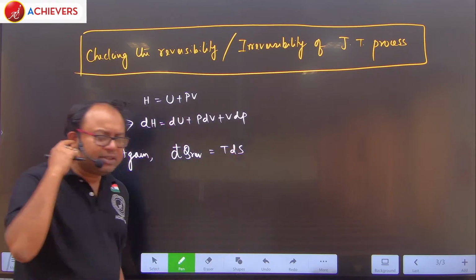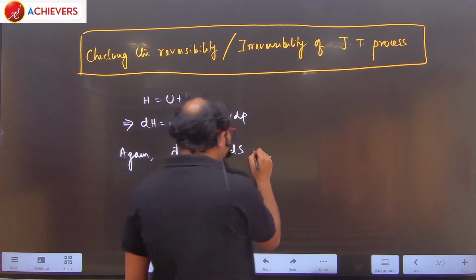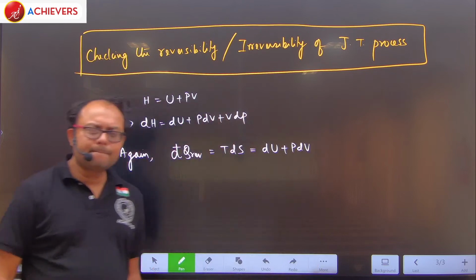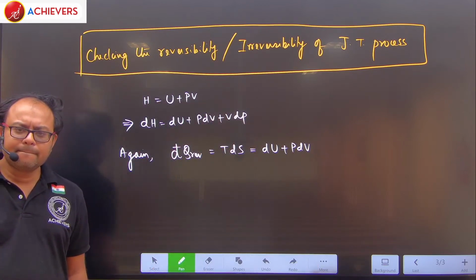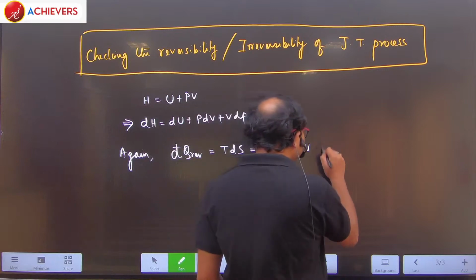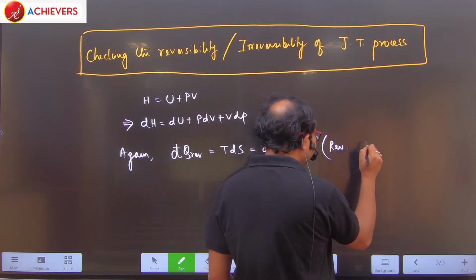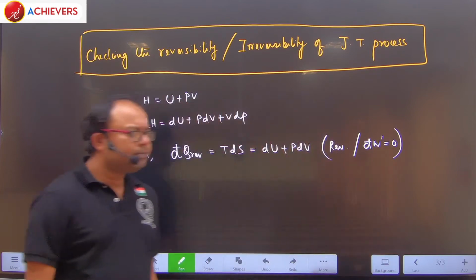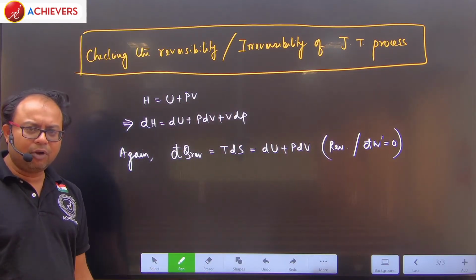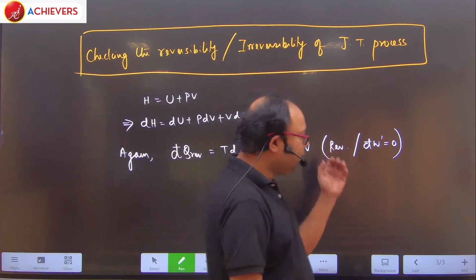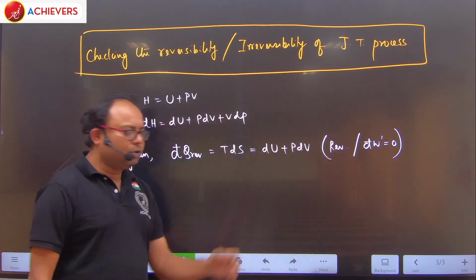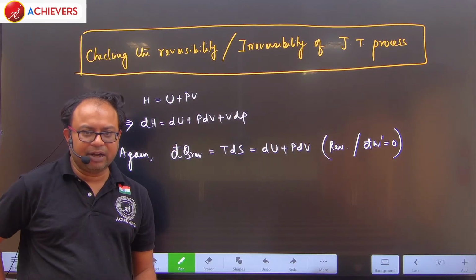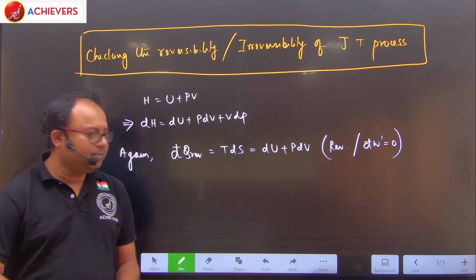We are already acquainted with this fact, which is equal to dU plus PdV. This is for a reversible process with no non-mechanical work. TdS should be equal to dU plus PdV. We are already acquainted with these fundamentals of the second law of thermodynamics.